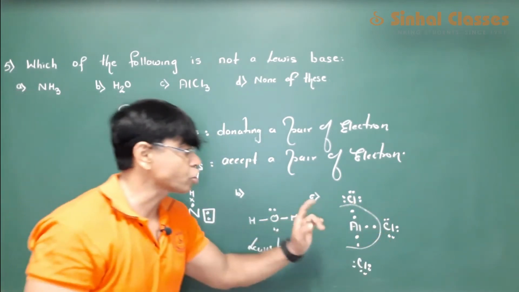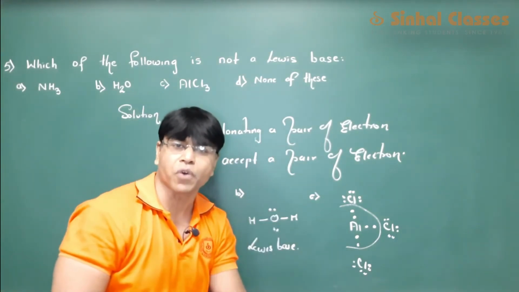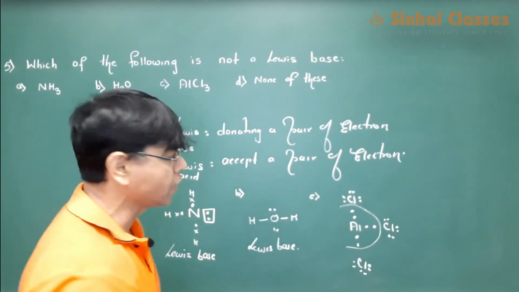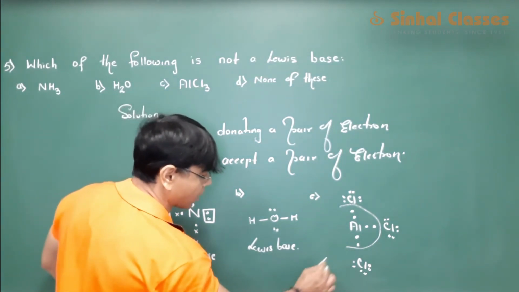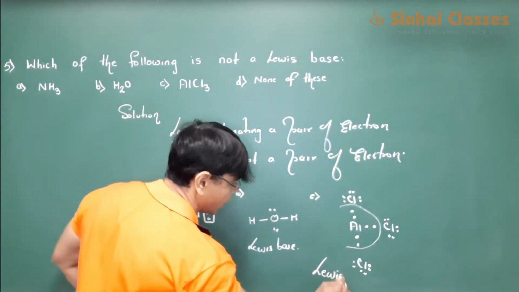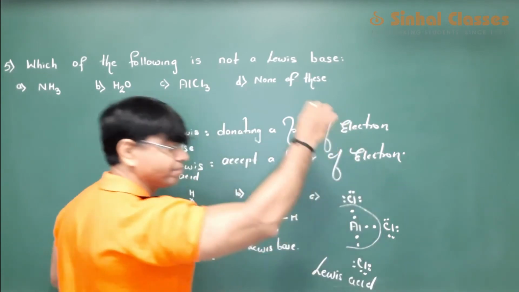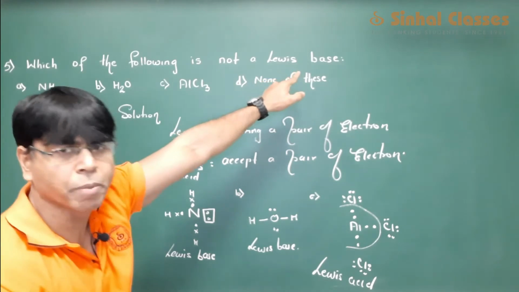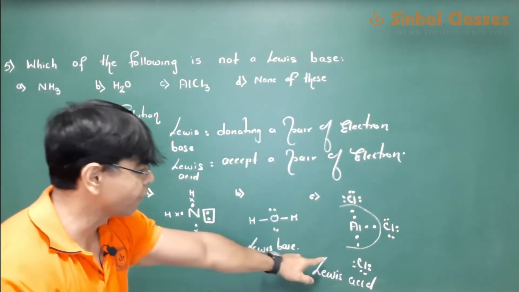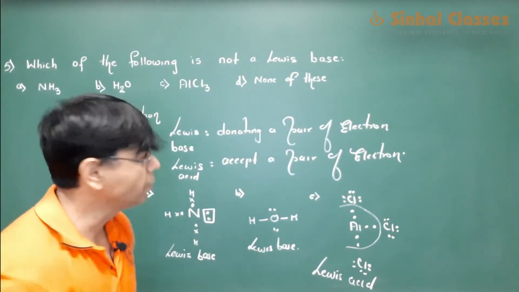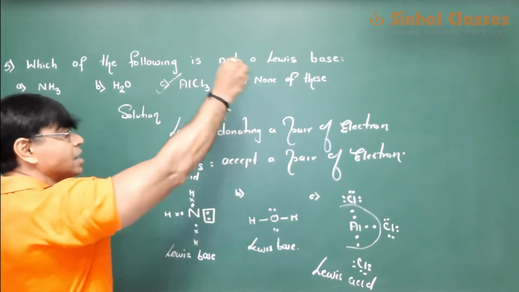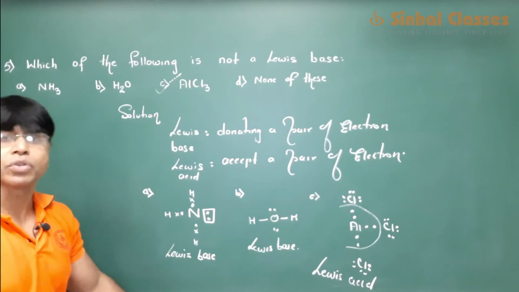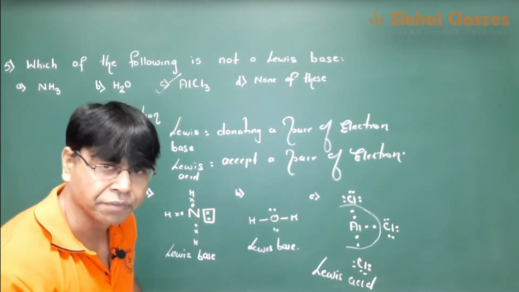That means it is having a shortage of 2 electrons for octet. So it will be accepting a pair of electrons. Since it is accepting a pair of electrons, it is a Lewis acid. So they are asking you, which of the following is not a Lewis base? Definitely the answer should be aluminium chloride. It has incomplete octet. So your answer is C for question number 5.